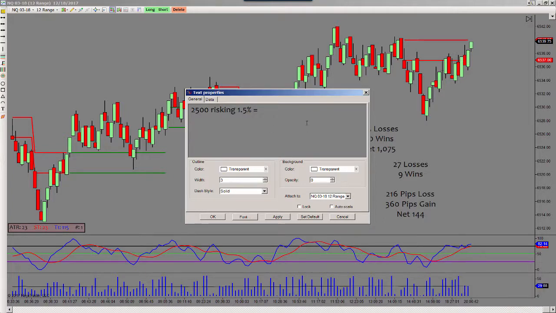That means our risk comes out to like 4.68. So I would round down and I would do 4 mini lots, okay? If I'm doing 4 mini lots and I have 144 pips gain in this period of time, that's 576 pips in a month. That's not bad.